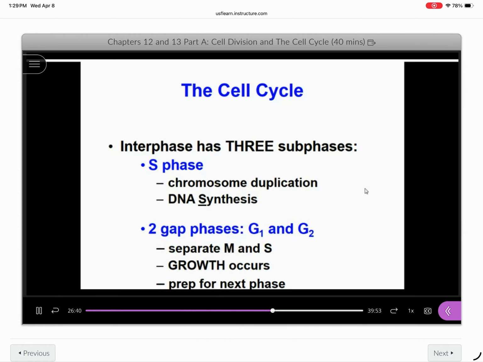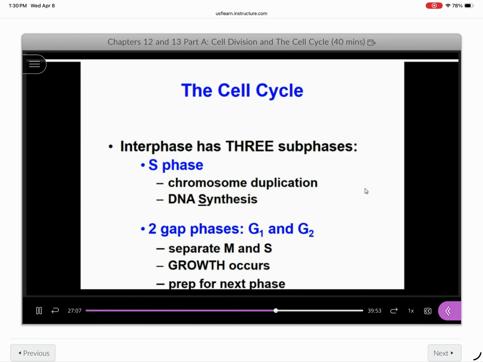There are 2 phases separating M phase from S phase. So it goes M phase, a gap, and then S phase and another gap. You see what I mean? M gap, S gap, M gap, S gap, and so on.